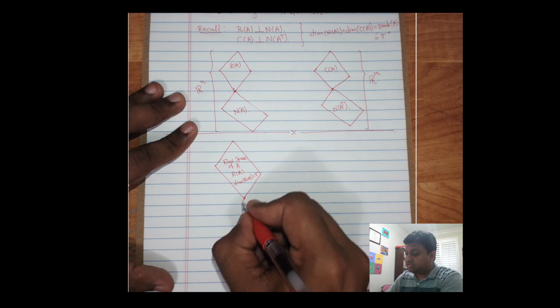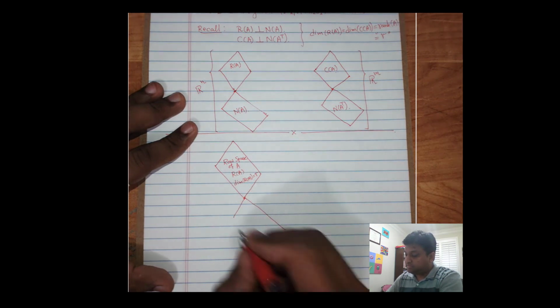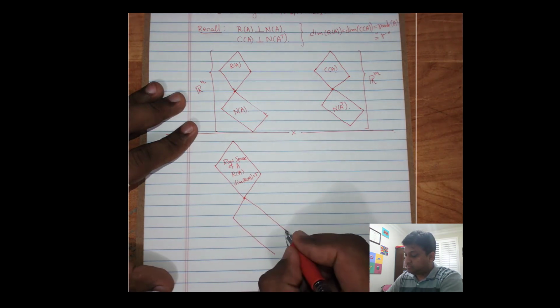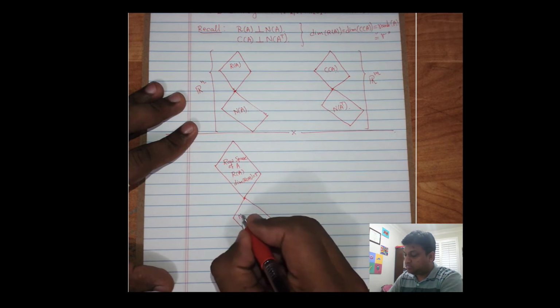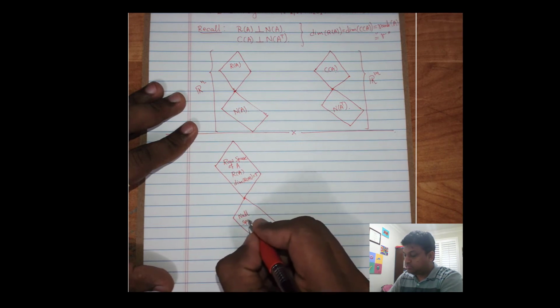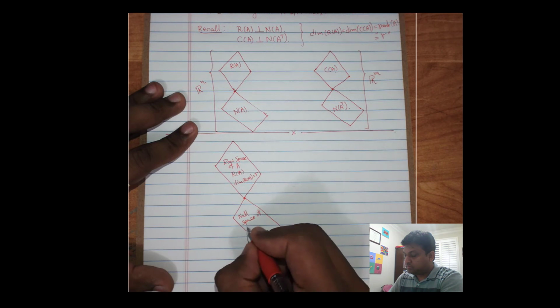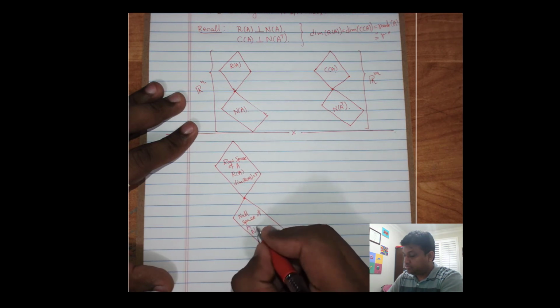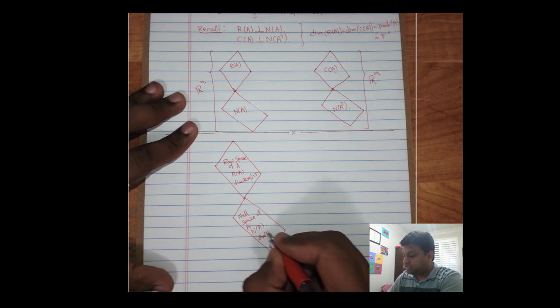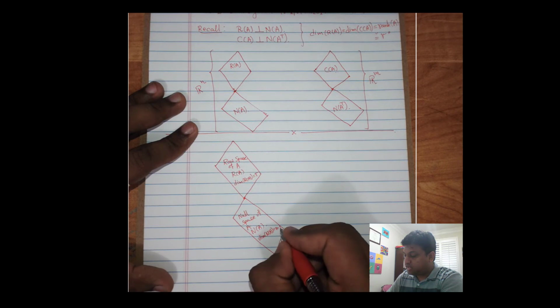The subspace that is orthogonal to this is the null space of A, and its dimension is going to be n minus r.